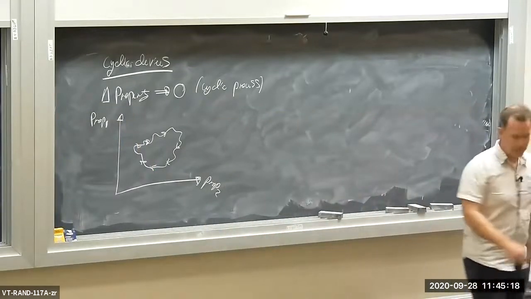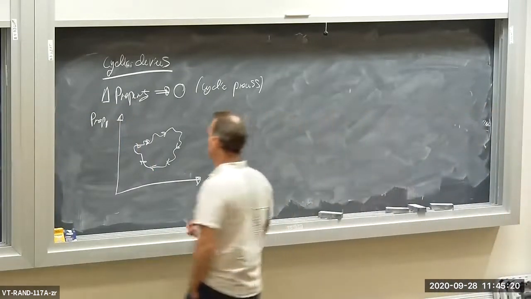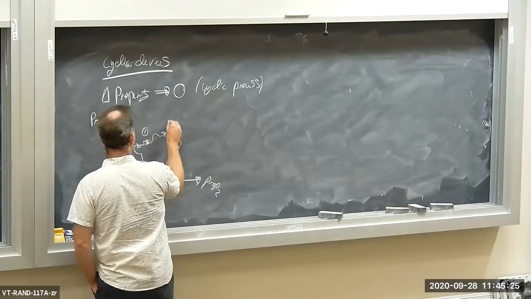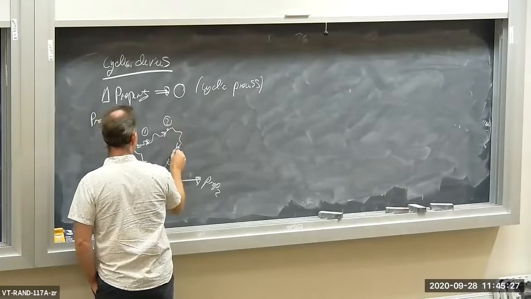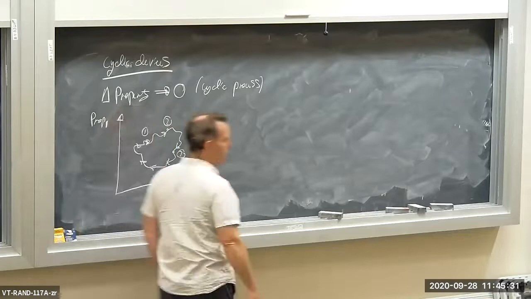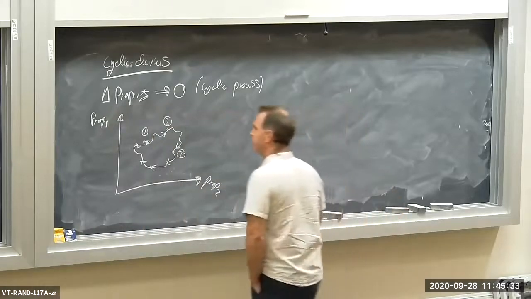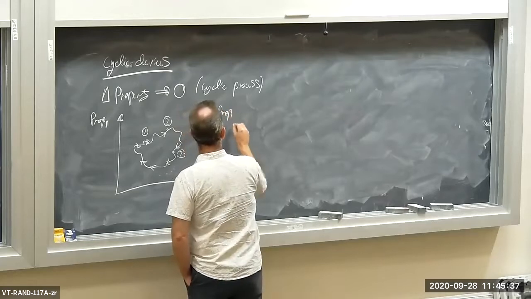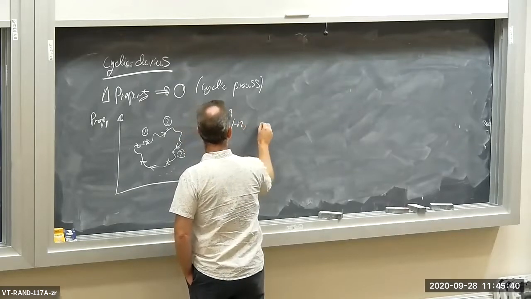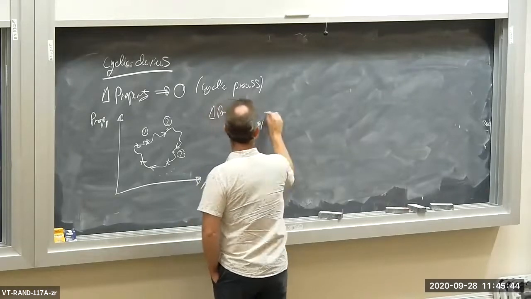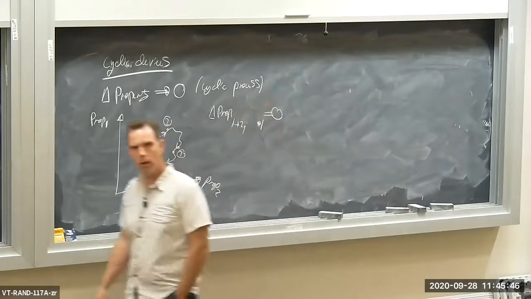There could be some intermediate states. So this is state 1, the original state. You could end up at an intermediate state, state 2, intermediate state, state 3, and then you go back to state 1. So the change in any property from 1 to 2, back to 1 is going to be equal to 0, okay?